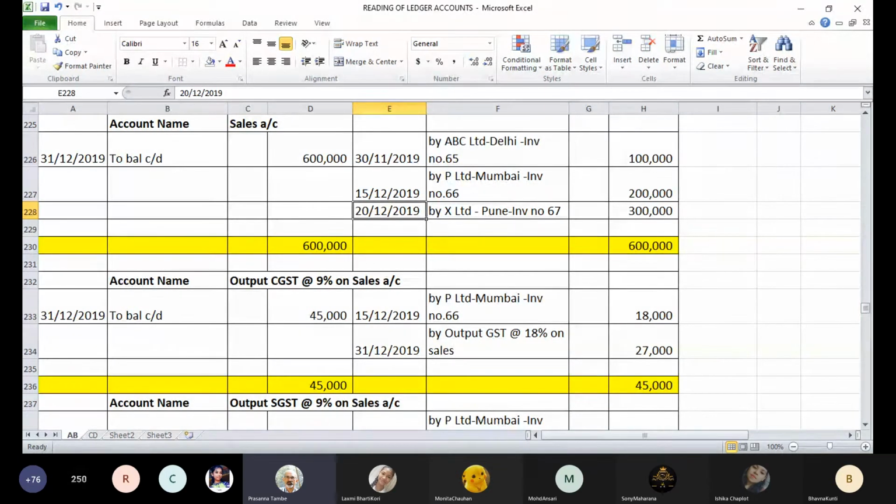Now, will it be IGST? We are referring to Pune. Will it be IGST 54,000?